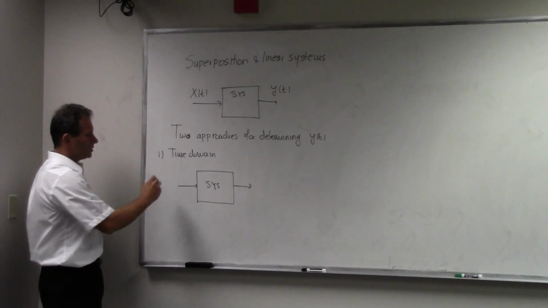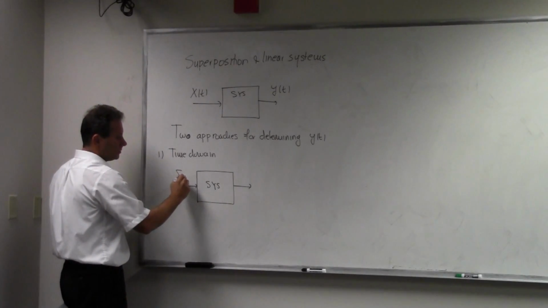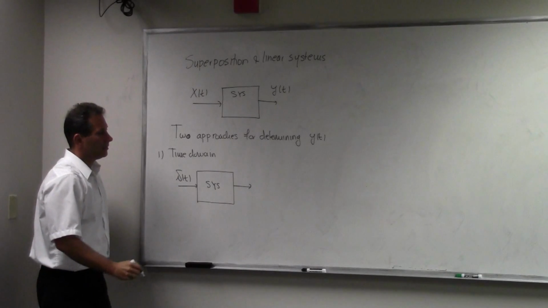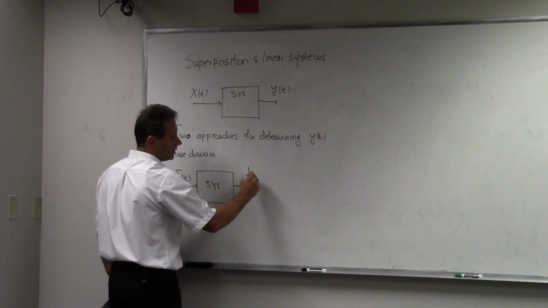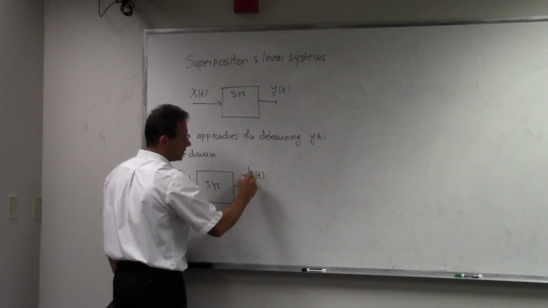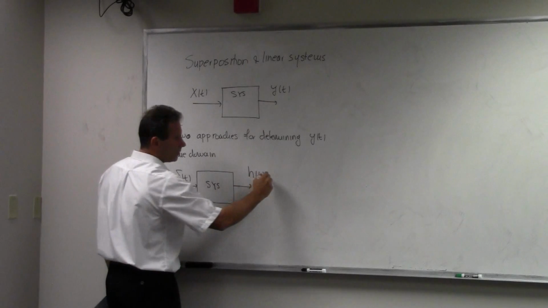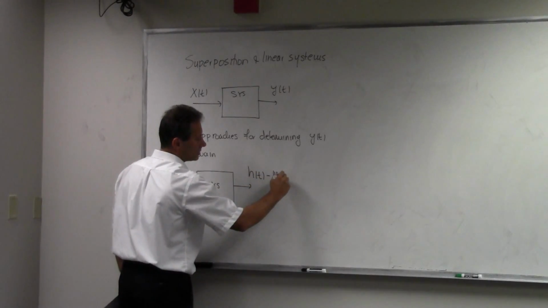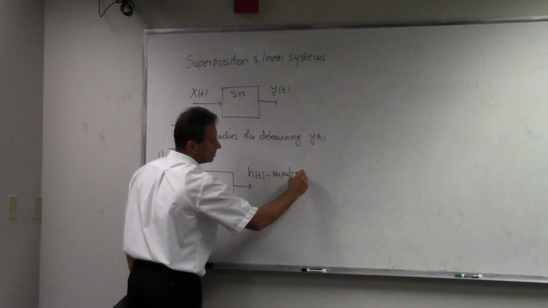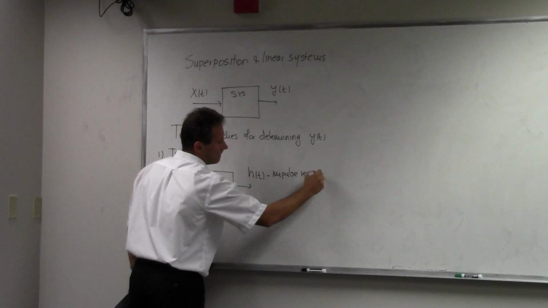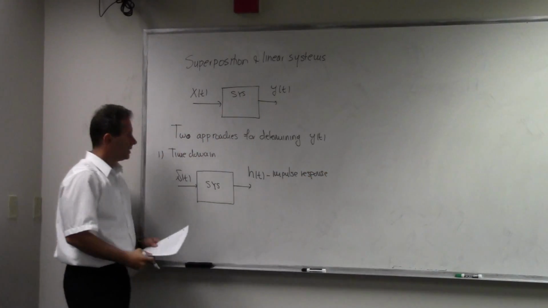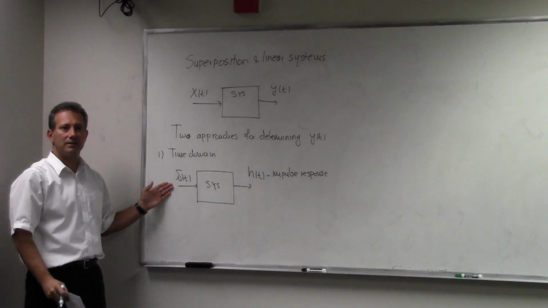I'm going to present delta of t to this system, and observe what comes out at the output. Since this is an impulse, I'm going to call this the impulse response. So delta of t at the input, x of t is equal to delta of t.